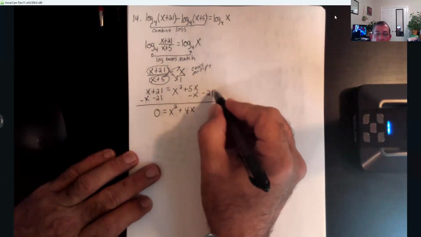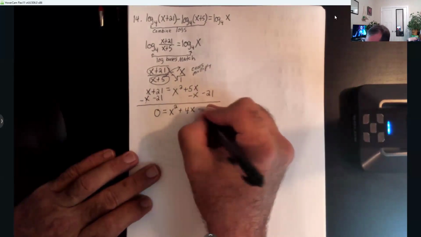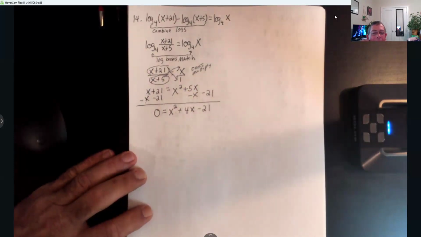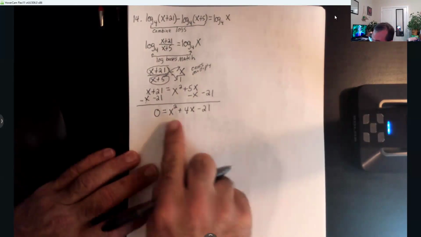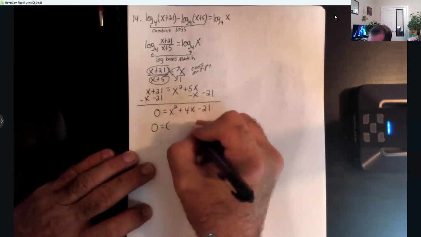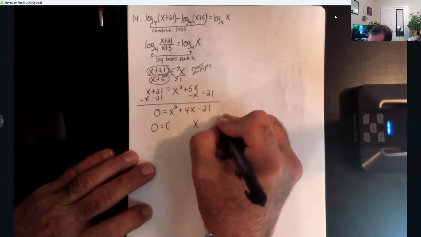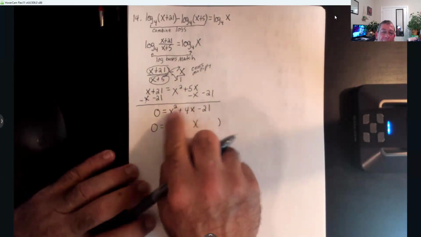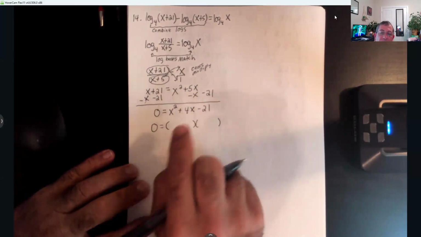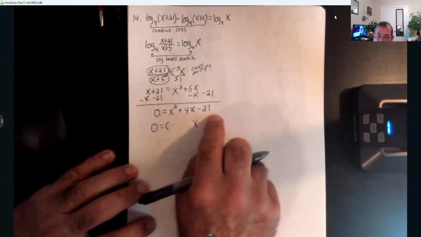And then the negative 21 has nothing to add to, so we bring it down. So y'all look at this. Another quadratic equation. So we're going to factor this. Or like I said, you can graph it, look for the x-intercepts, or quadratic formula.